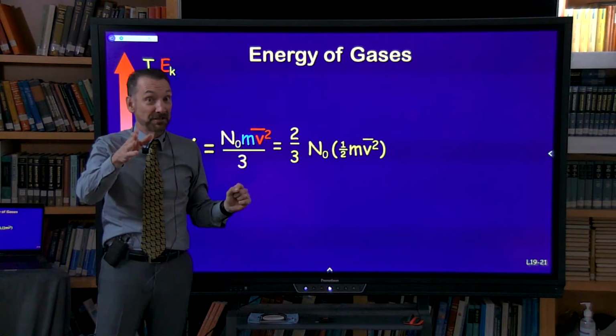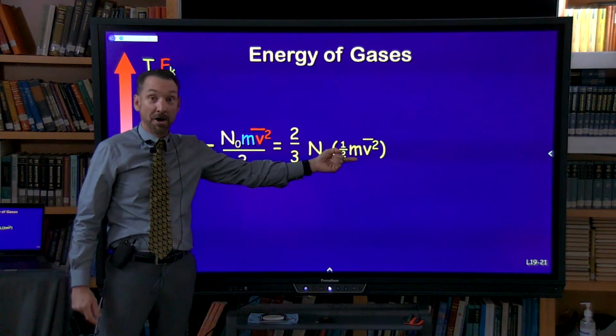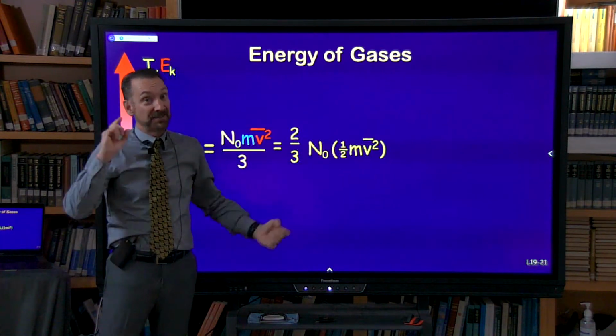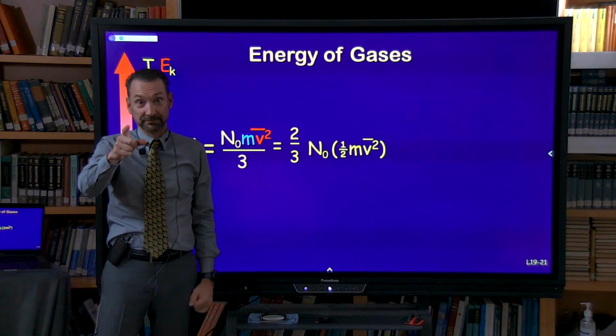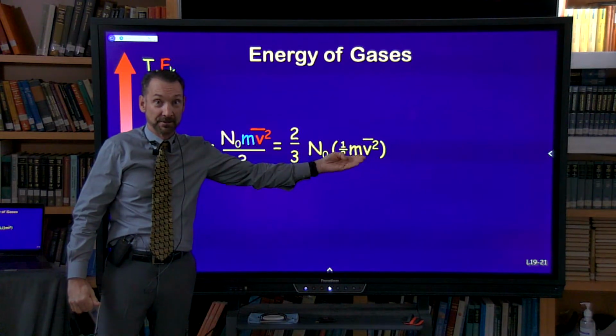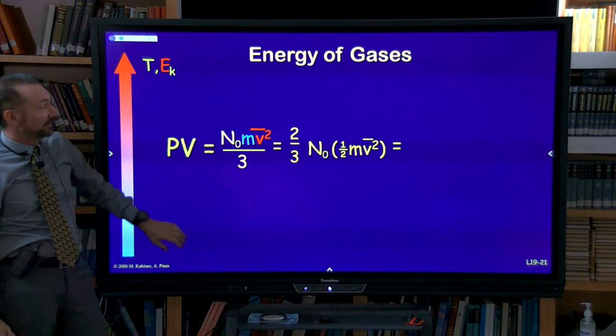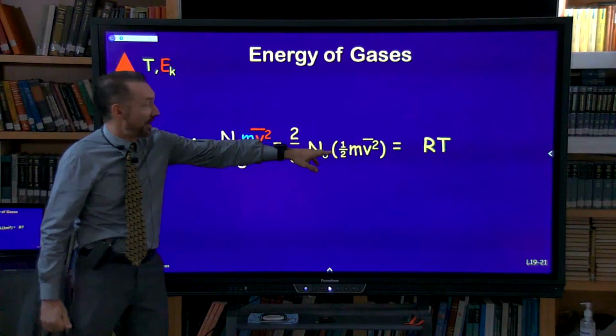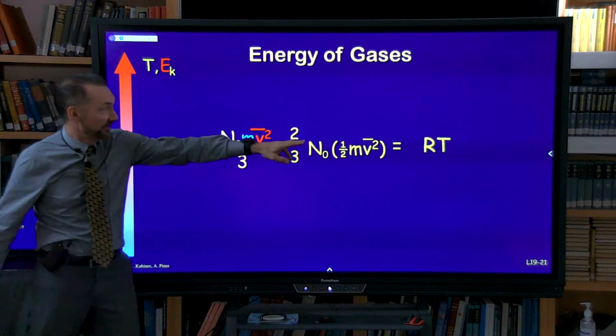And if you take nothing else home from Chem 1, that's all the energy they have, and that's only a function of temperature. So now the temperature is in there. So that equals RT still, PV equals RT.